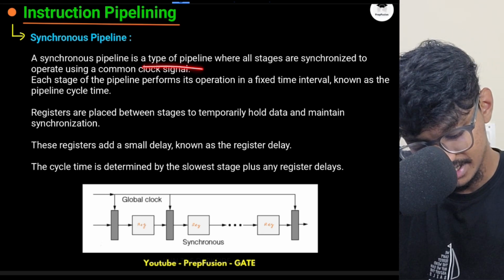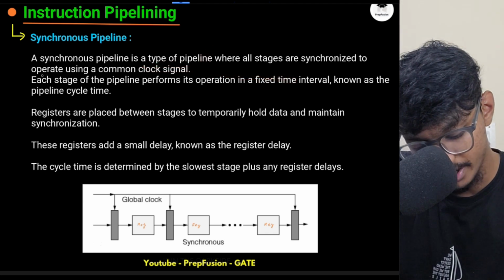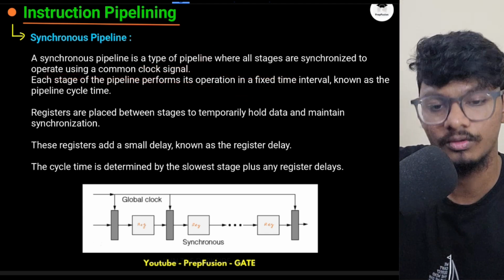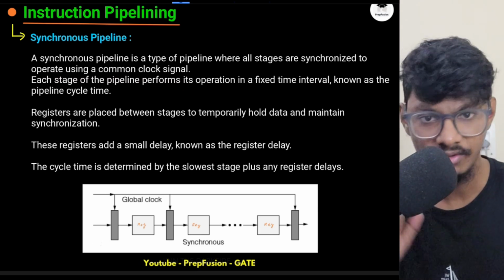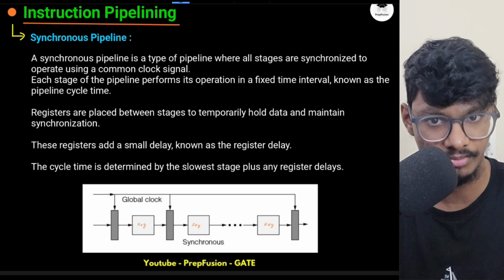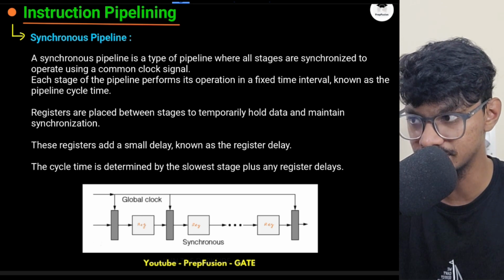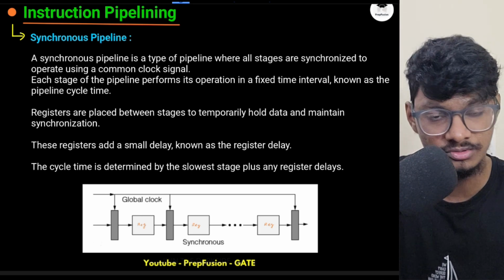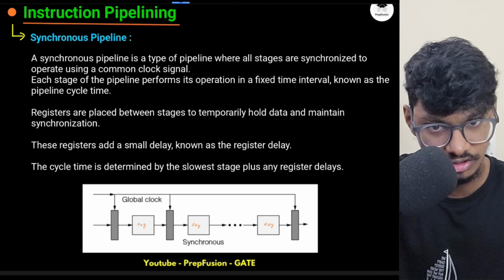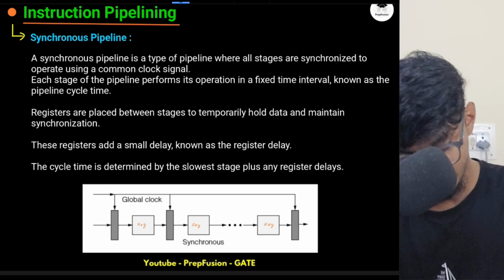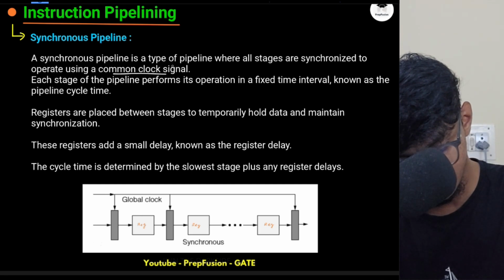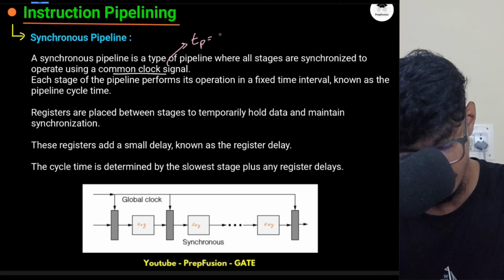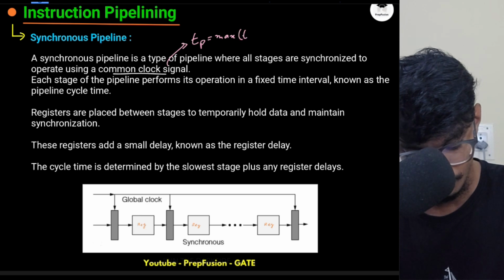A synchronous pipeline is a type of pipeline where all the stages are synchronized to operate using a common clock signal. So we choose a common time period for each stage. I compute the time taken by each stage and then choose the maximum of those. In a synchronous pipeline, Tp is the maximum of the times of all the stages.